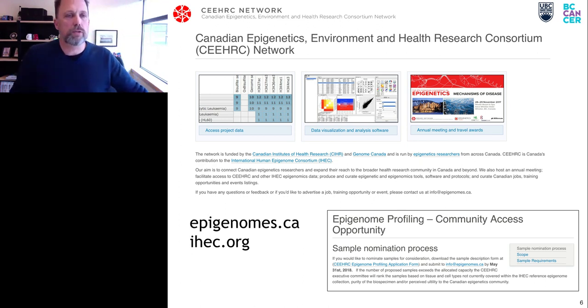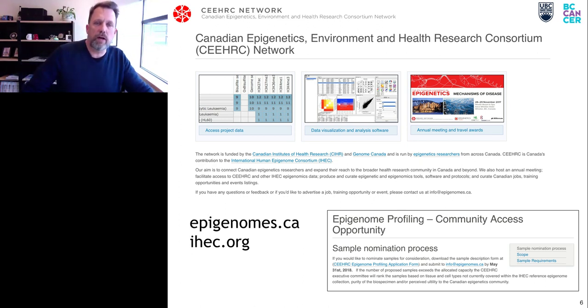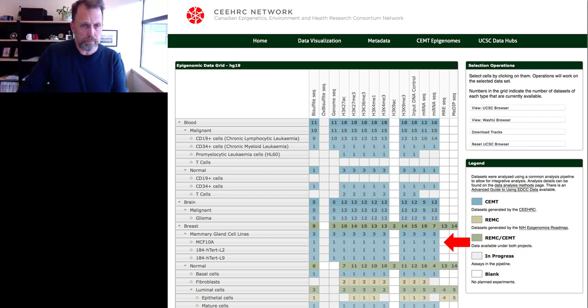One such consortia is the Canadian Epigenetics Environment and Health Research Consortium, which is a member of the International Human Epigenome Consortium.